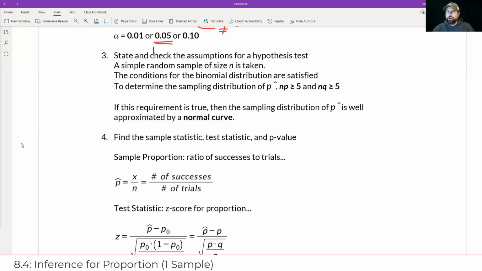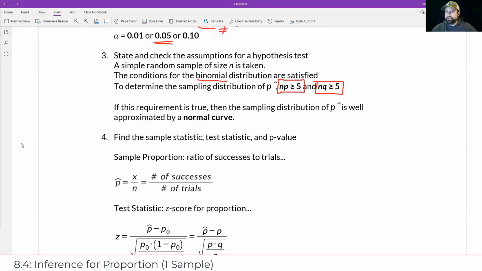So in order for this binomial distribution to behave like a normal distribution, we have to have a couple things happen. Number one, n times p has to be greater than or equal to 5. So the number of items times the probability of success has to be greater than 5. And the number of items times the probability of failure has to be greater than 5.